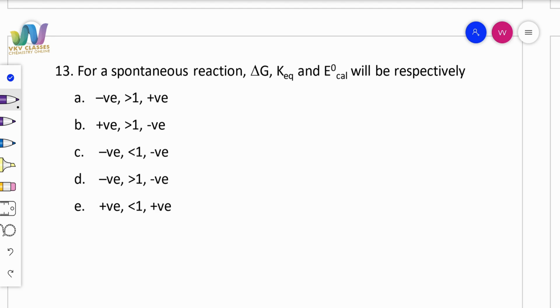For a spontaneous reaction, delta G, equilibrium constant, and E0 cell will be respectively. Now for a reaction to be spontaneous, delta G should be negative. So this is the most important condition for a reaction to be spontaneous.